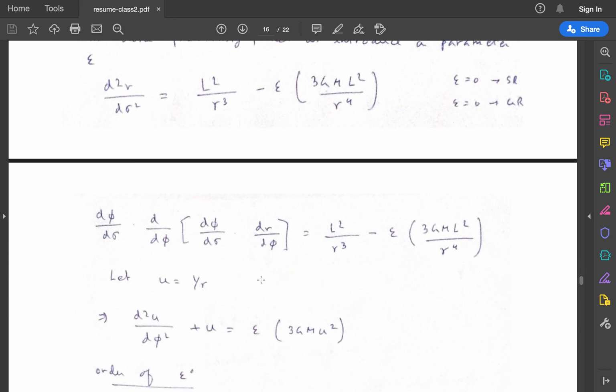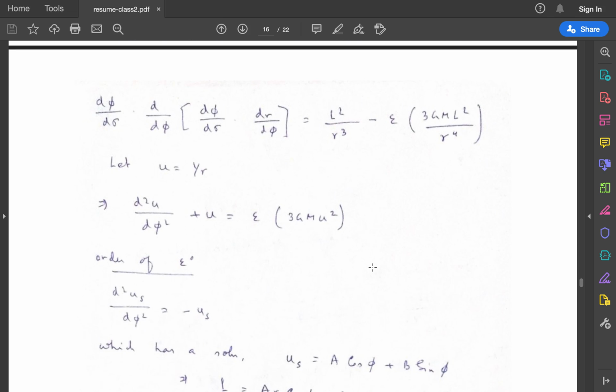Proceeding similarly, d square r by d sigma square can be written in terms of phi, sigma and r, and if I do that, I know d phi by d sigma, and then d square r by d phi square becomes this, and this is the right-hand part.